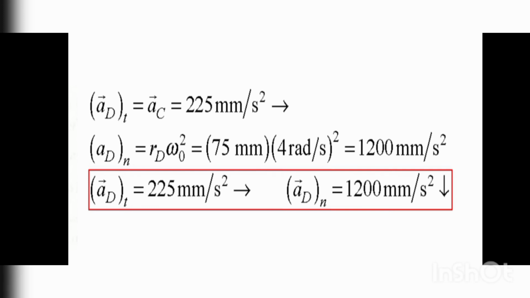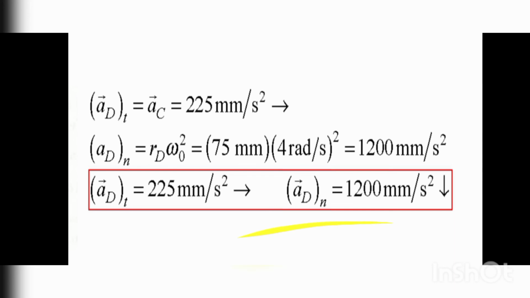So 75 millimeter times 4 rad per second raised to the power of 2. The answer is 1200 millimeter per second squared. So we have the normal acceleration of D.